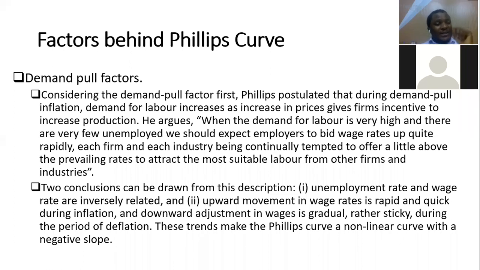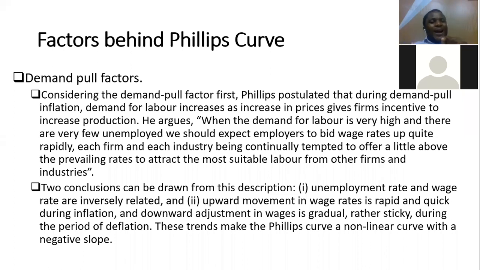That tells you that during demand pull inflation, demand increases. Because of the increase in demand, pressure is placed on labor demand. And when pressure is placed on labor demand, firms will engage more labor. When firms engage more labor, that will be an incentive to increase production. What has happened? Inflation has increased and unemployment has declined.